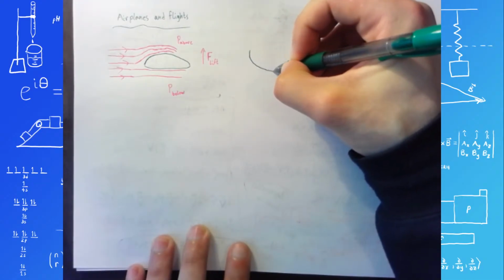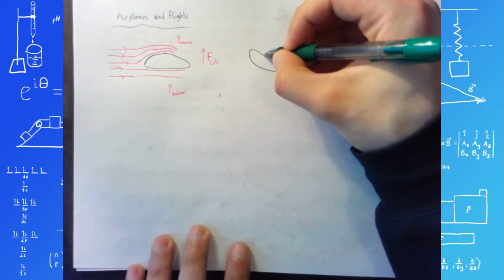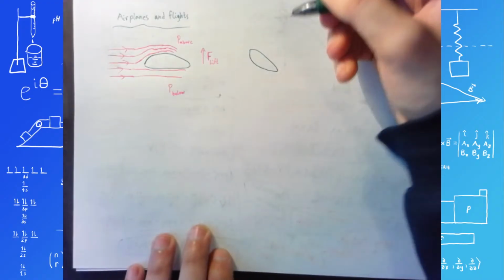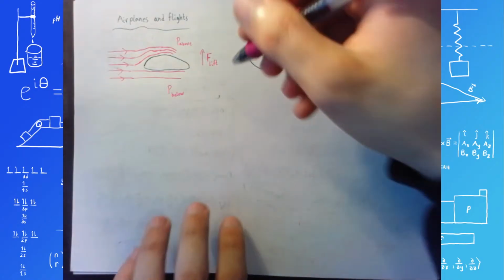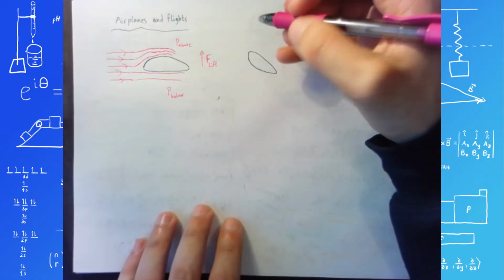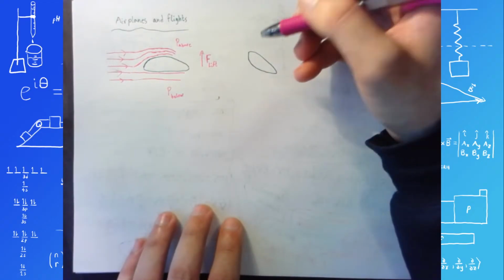So here's the curved part of the wing and then there's the flat part. If they fly at an angle instead of being completely upside down, we're looking just from the side of the wing, by the way. I think I forgot to mention that. You're looking from beside the plane.